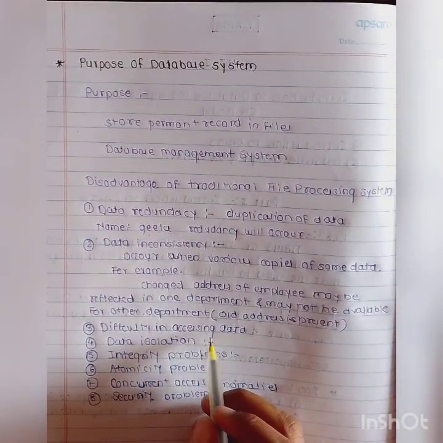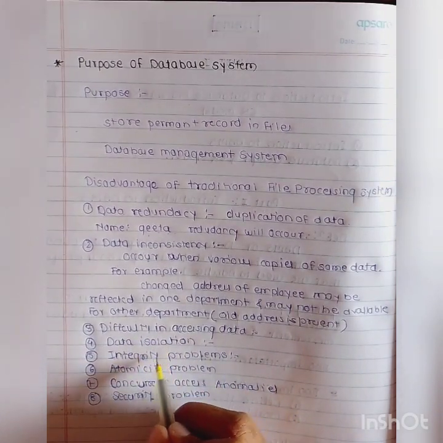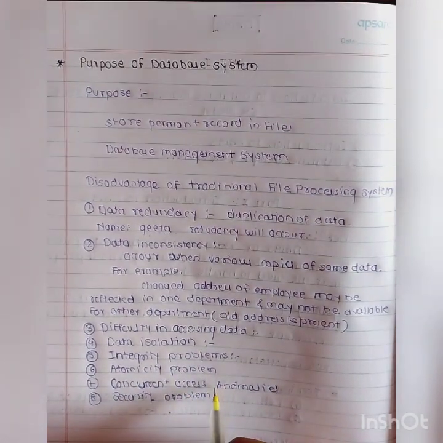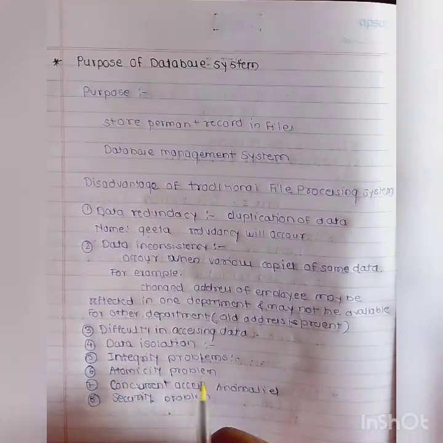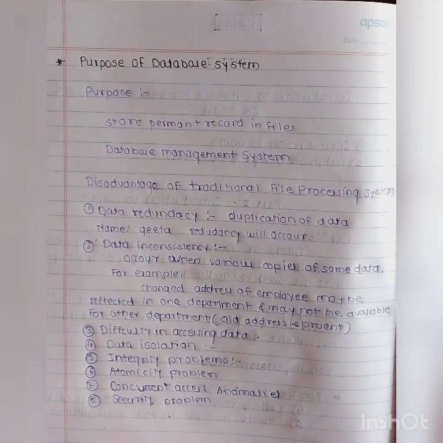Then data isolation, integrity problem, atomicity, concurrent access anomalies, meaning data cannot be accessed concurrently in a traditional file system, and security problem. These are also disadvantages of a traditional file system.